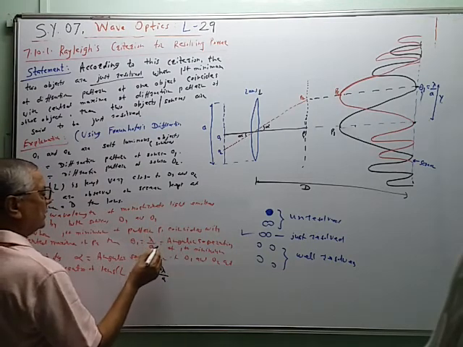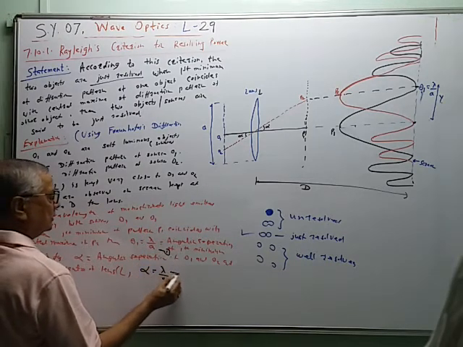Alpha is equal to lambda upon A. So this is equation 1, this is equation 2.